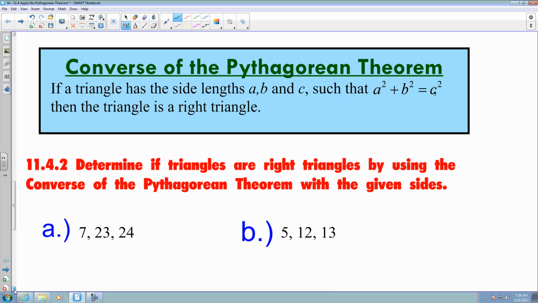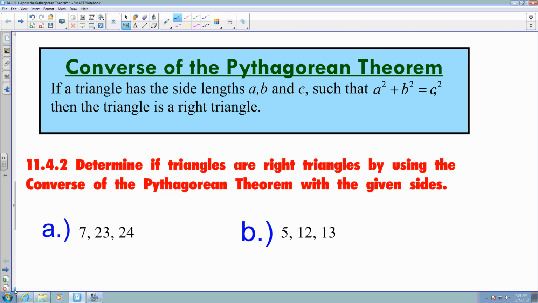Okay. Not only is there the Pythagorean theorem, but there is what is called the converse of the Pythagorean theorem. It states that if a triangle has side lengths a, b, and c, such that a squared plus b squared equals c squared, then the triangle is a right triangle.